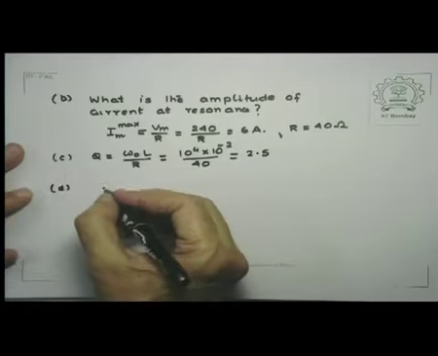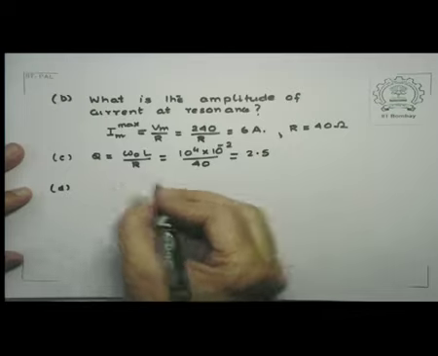What is the voltage across the inductor at resonance?